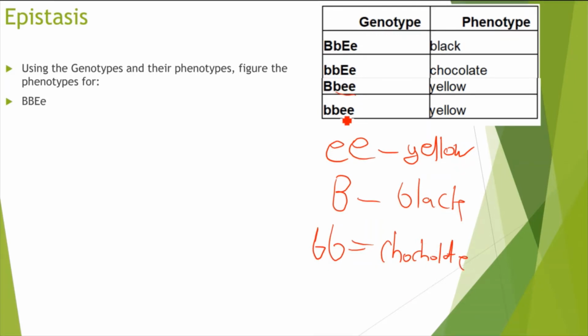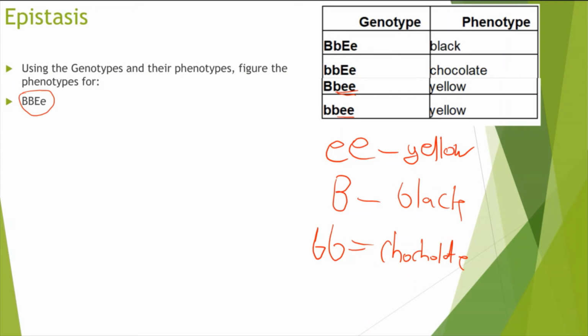You can see from this that if I have a lowercase e, this will mask everything else and I will have a yellow color. If we don't have a lowercase e, then we can have our other black and chocolate colors. Looking at the first example, I have a capital B, and a capital E and a lowercase e.